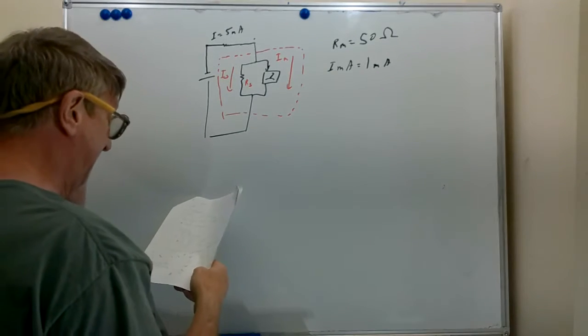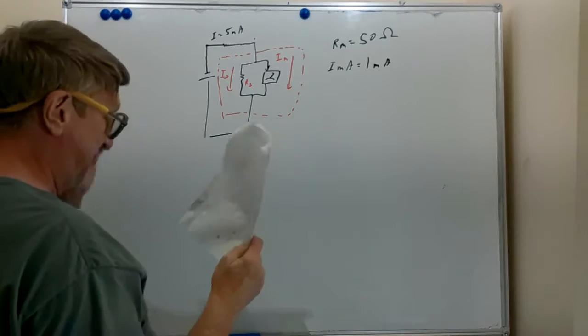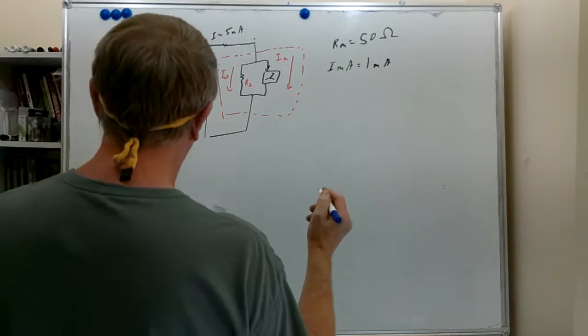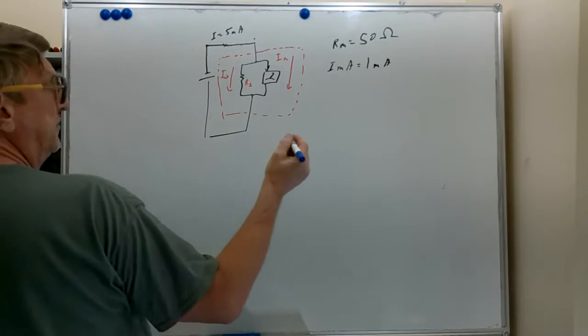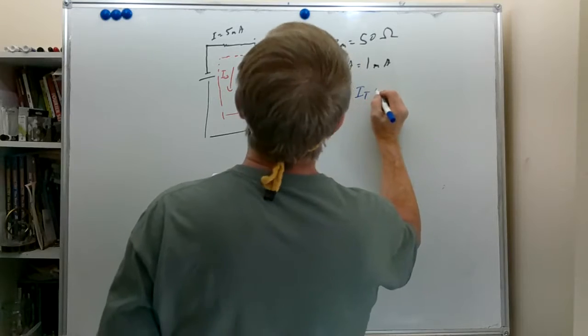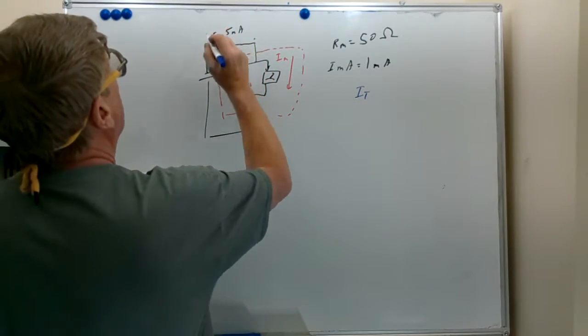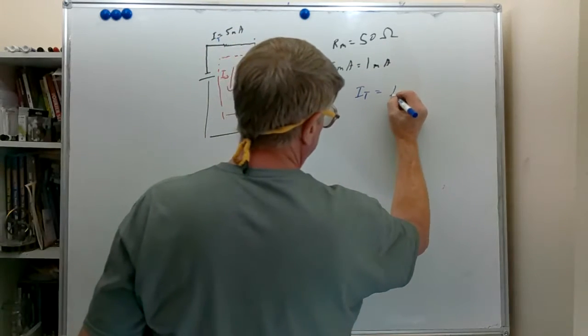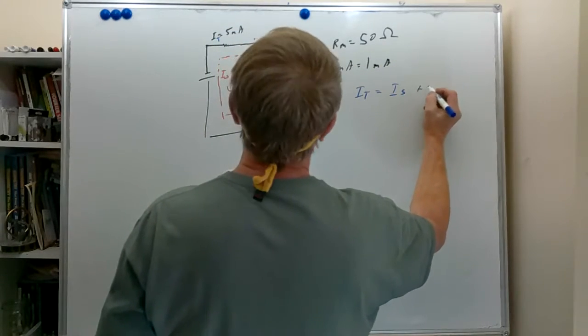So we need to have a current through the meter. IT, which is our total here, is going to be equal to IS plus IM.